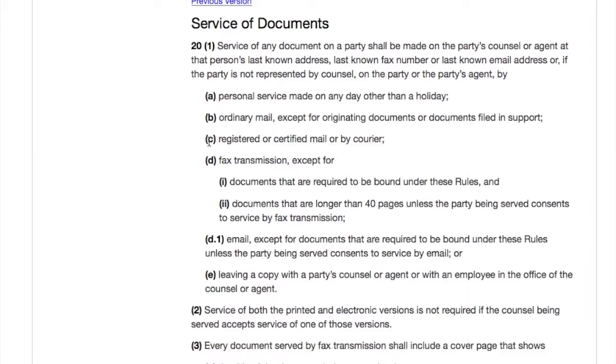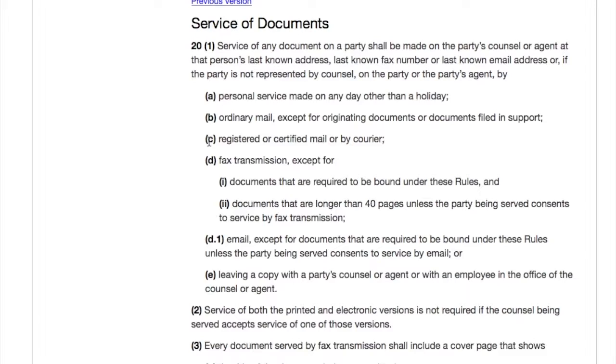And it doesn't specify what kind of binding, but there's a section on the Supreme Court website as to whether there are specifications for a certain type of typesetting.